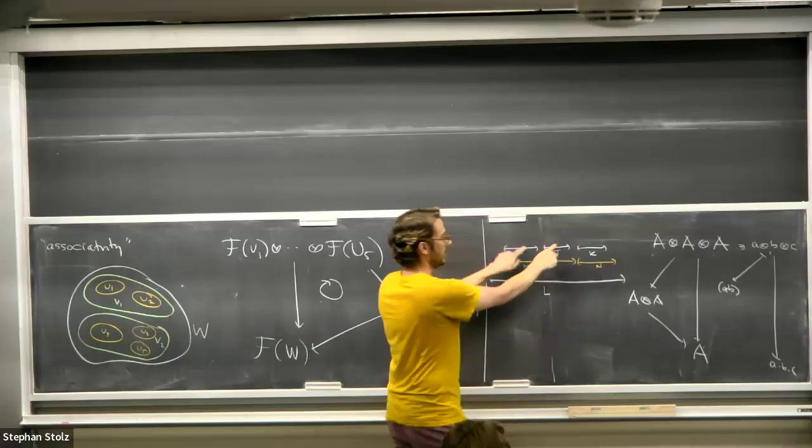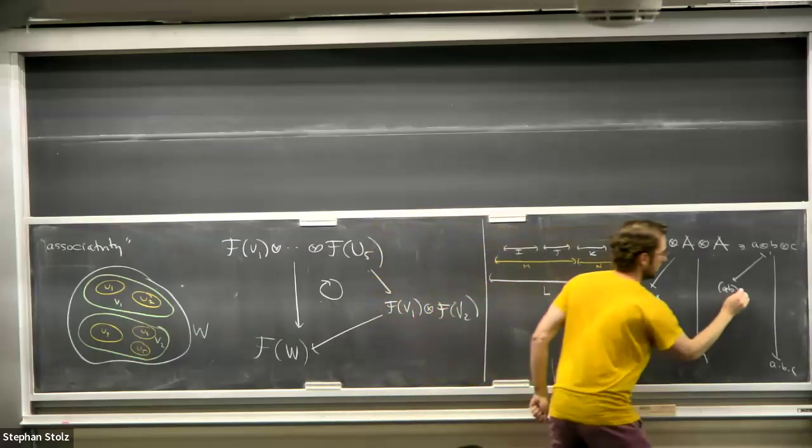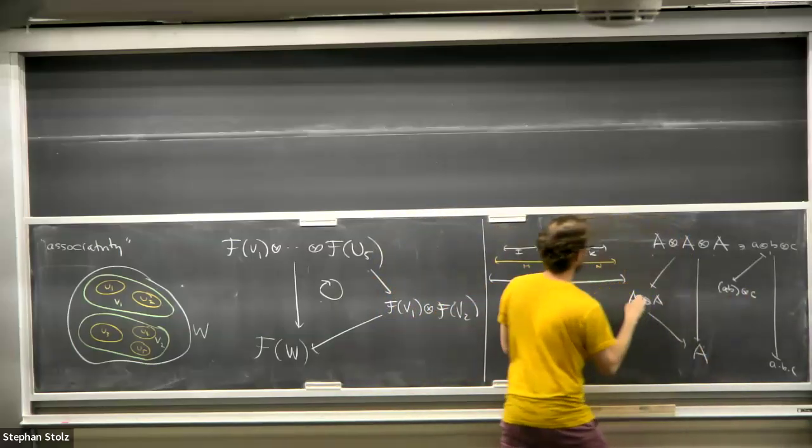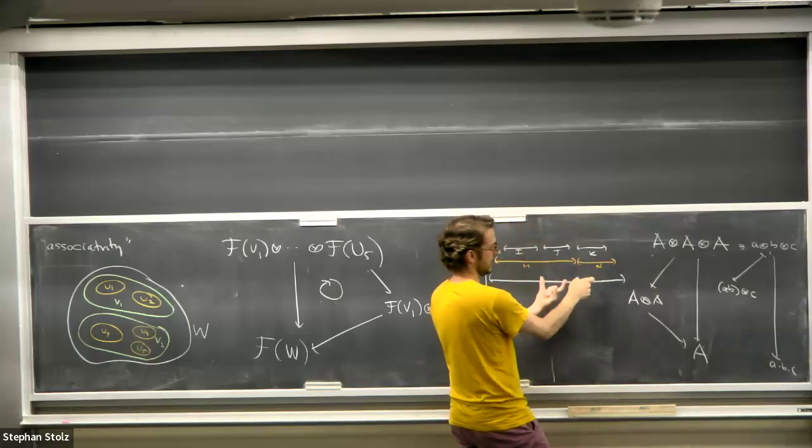I'm multiplying a and b here to get something in here, tensor c, and then I multiply what's on here with this element here.